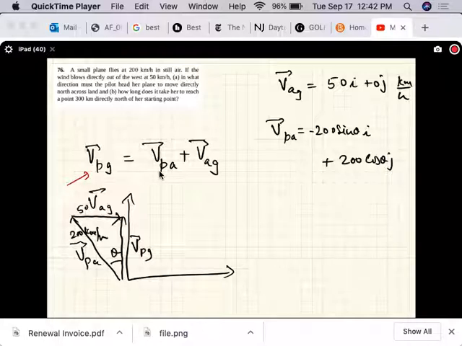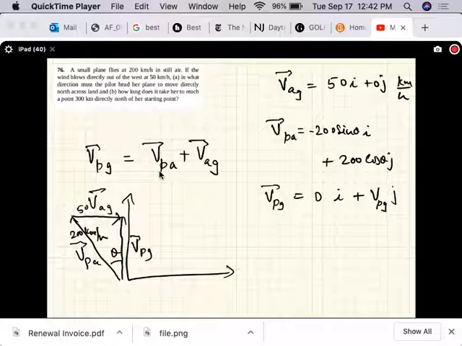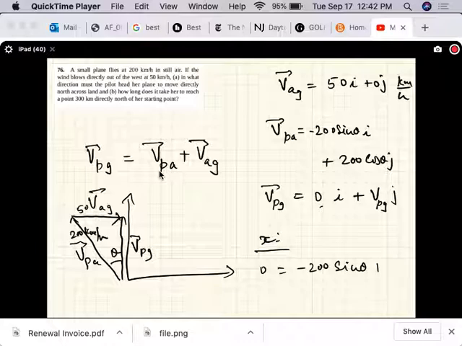So anyway, what is it that you want? V_PG, the ground velocity, has 0 x component. If you look at the x components, V_PG x, which is 0, is equal to minus 200 sine theta plus 50.